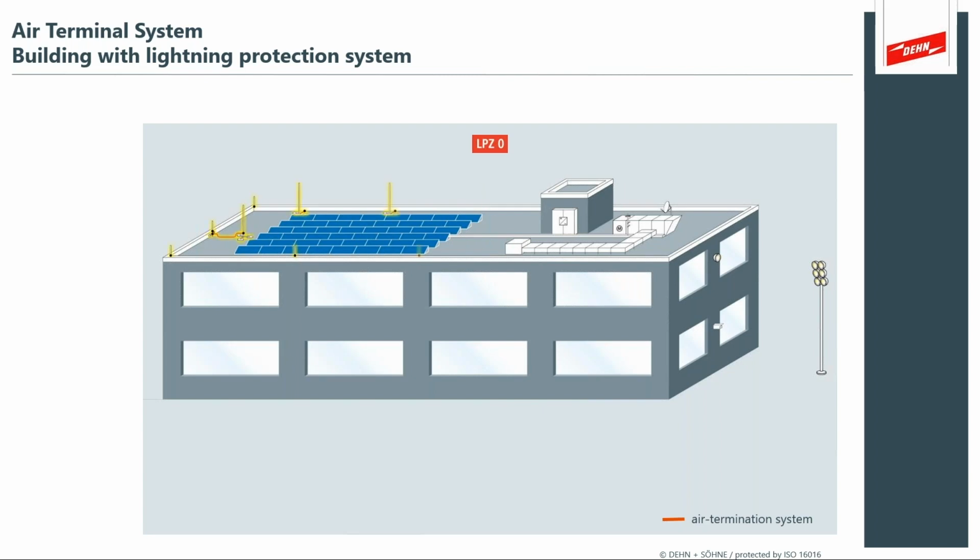So for the air termination system, we really want to see what that should look like. The air termination system is composed of air terminals placed strategically to avoid connection with the apparatus that is otherwise on top of your structure. What's important about these illustrations is the separation between the air terminal and the solar panels, and the separation of the air terminal from the antennas and the chillers.